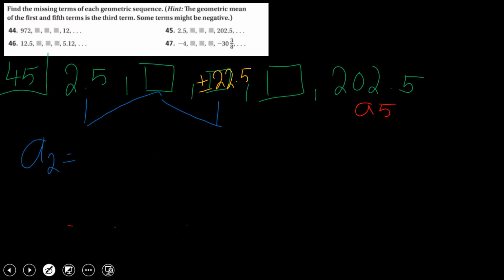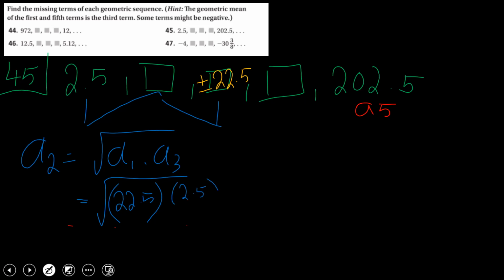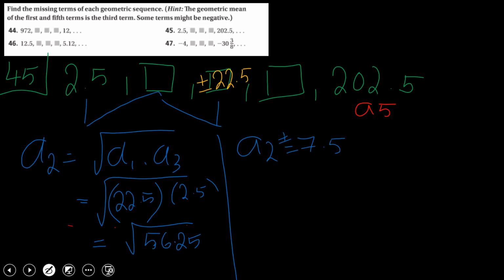So A sub 2 is the square root of A sub 1 times A sub 3, which is 2.5 times 22.5, which is 56.25. Then A sub 2 is the square root of 56.25, which is positive or negative 7.5.